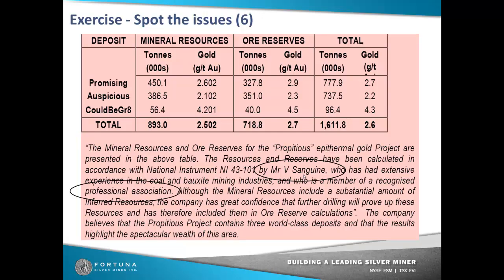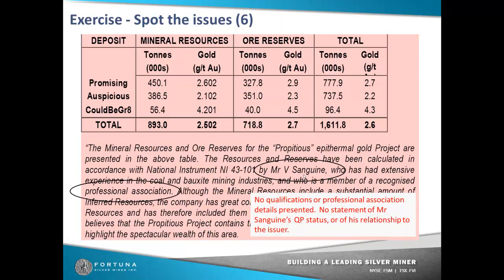It does not even detail that Mr. Sanguine is regarded as a qualified person, and also what his relationship is to the issuer of this particular statement. Therefore, that would be a big problem in terms of conforming to NI 43-101.